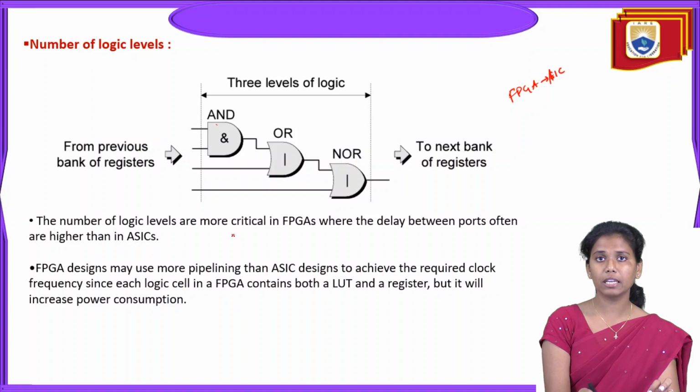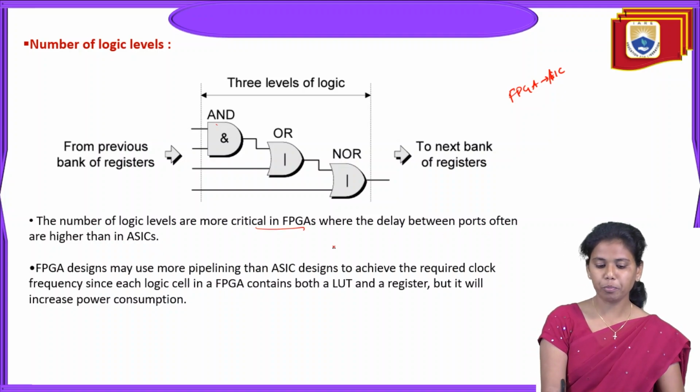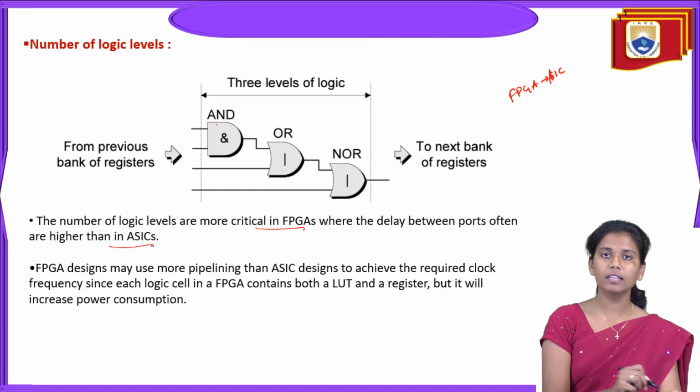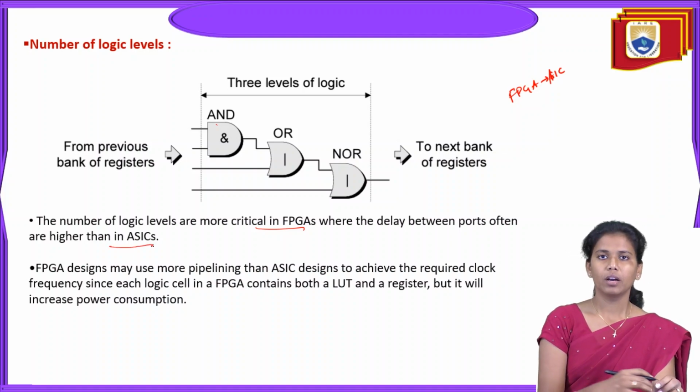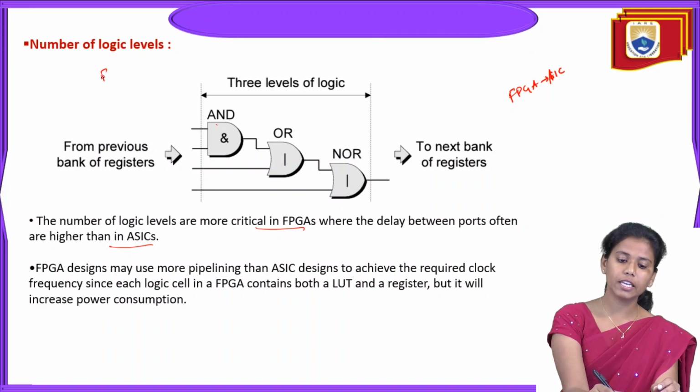The number of logic levels is more critical in FPGA, where the delay between ports is often higher than in ASICs. So here, the number of logic levels in FPGA is a bit critical.